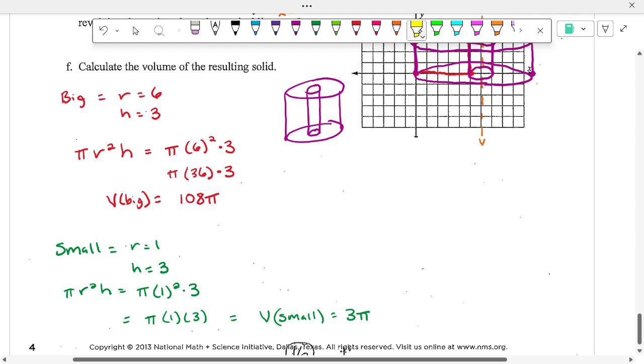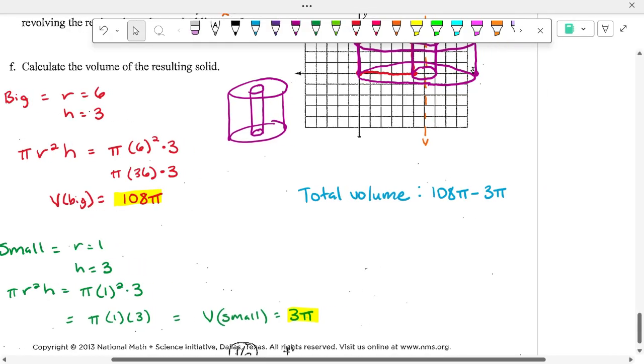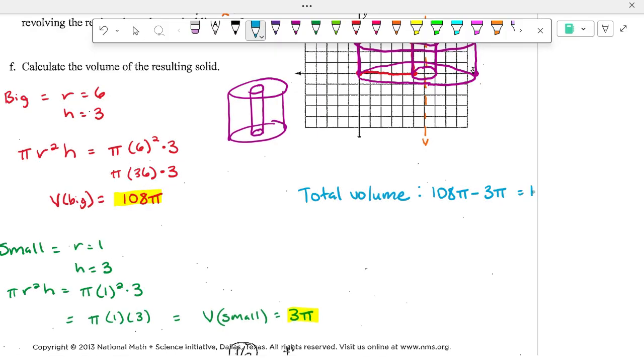Using these two volumes to get my total volume, I'm going to subtract those two volumes. So I'm going to do 108 pi minus 3 pi. Now, this is kind of like combining like terms. Since they both have pi in them, you can just subtract the coefficients. So this would be 105 pi units cubed.